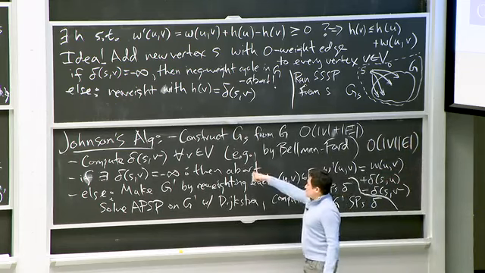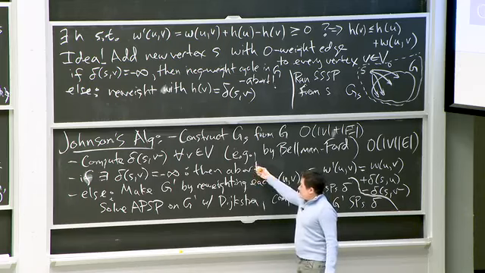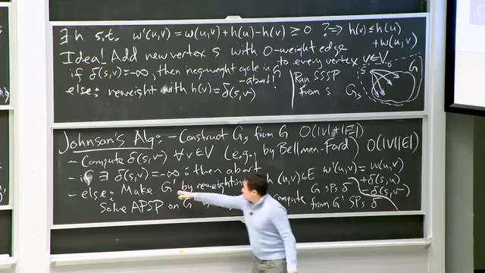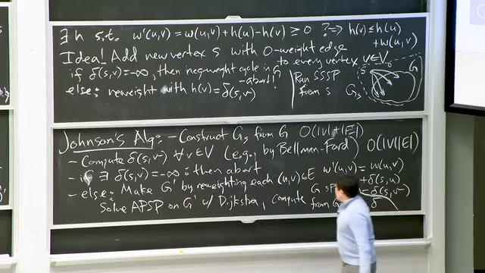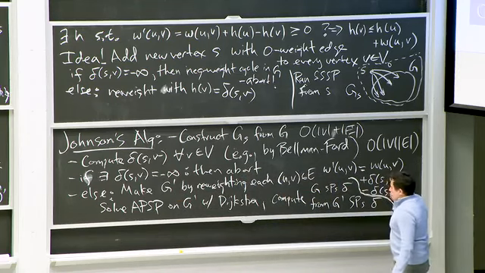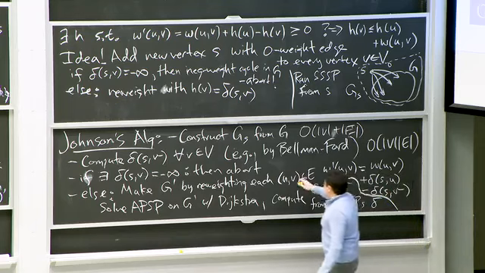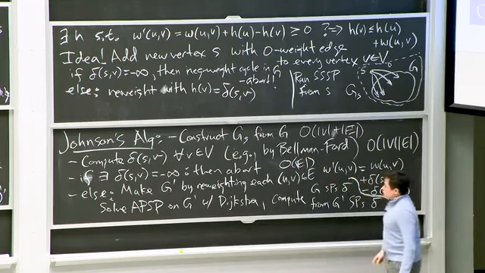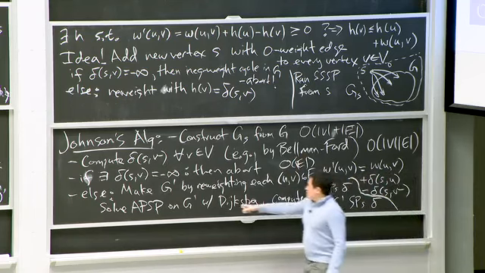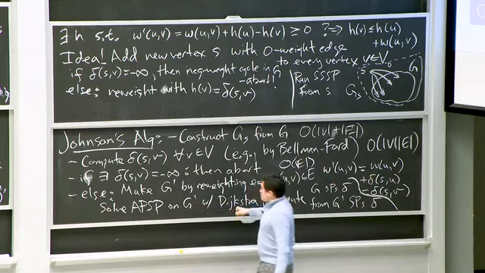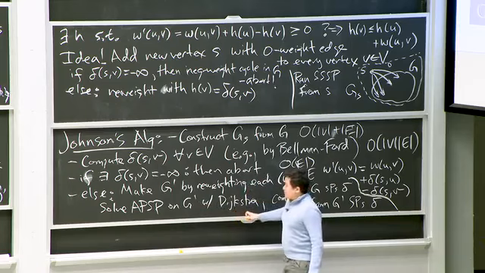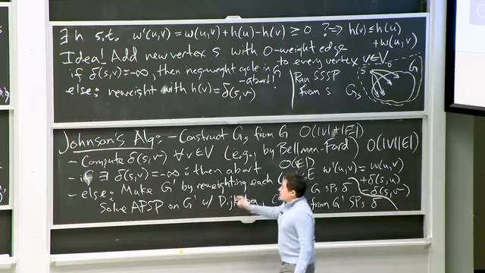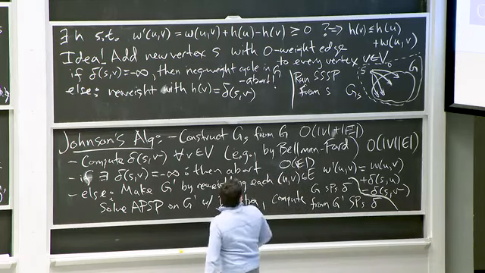Doing this check, I'm looping over my vertices, that just takes V time. Otherwise, doing this reweighting, I change the weight of every edge, so that takes order E time. And then solving all pairs shortest paths on the modified edge weight graph with Dijkstra takes V times Dijkstra, right?